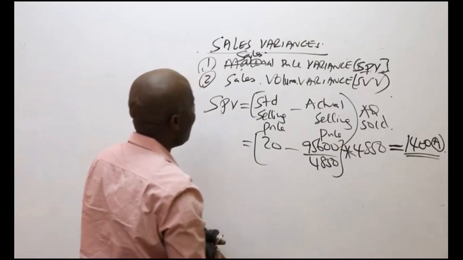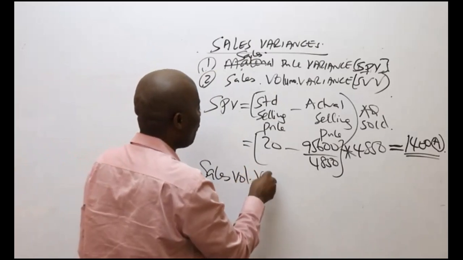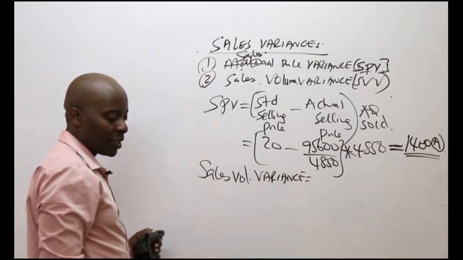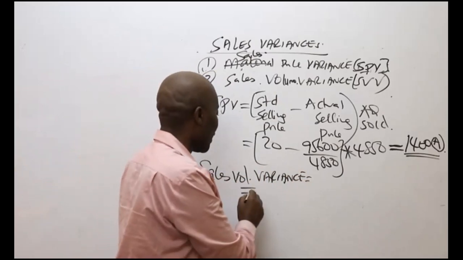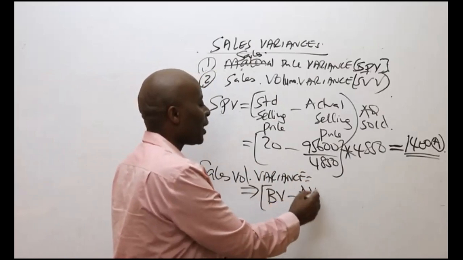So from there, come and give me the sales volume variance. How do I get the sales volume variance? To get the sales volume variance, ladies and gentlemen, we normally take budgeted volume minus actual volume.